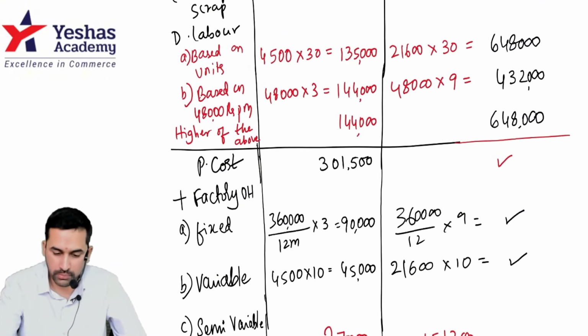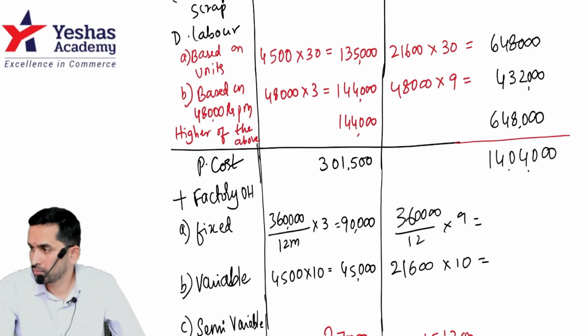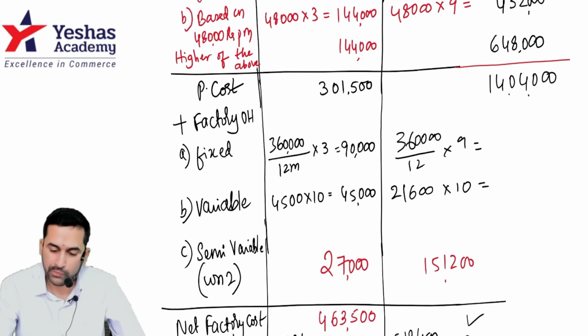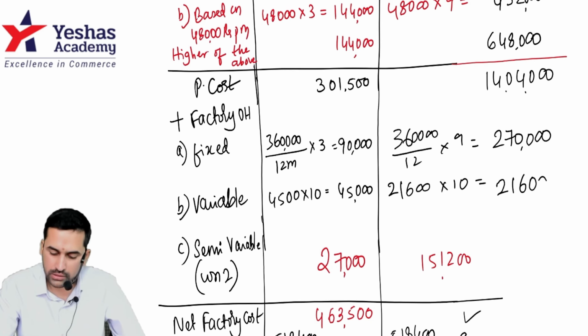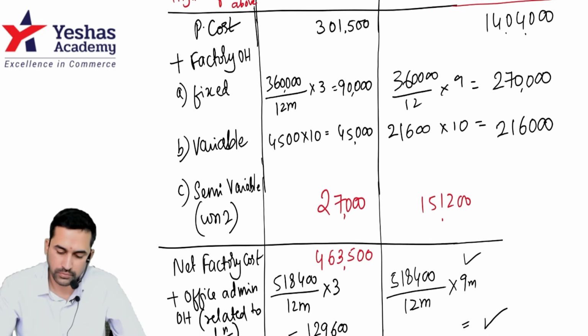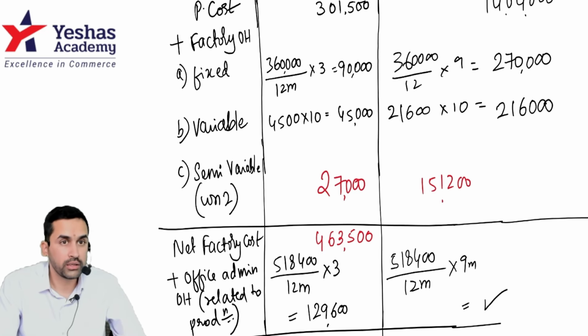Anyone can give me prime cost number? 1404. 70. This is 1. 2041200.